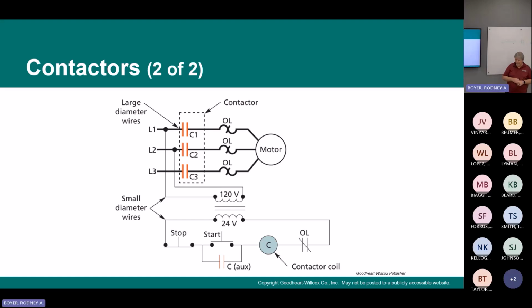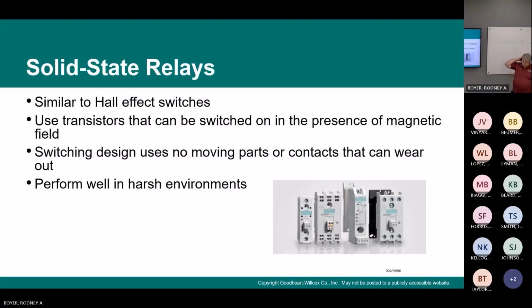Notice that the bold lines on there represent a higher gauge wire, higher amp capacity. So you're using a relatively small current, in this case voltage, to switch a high current, high voltage signal to operate the motor.